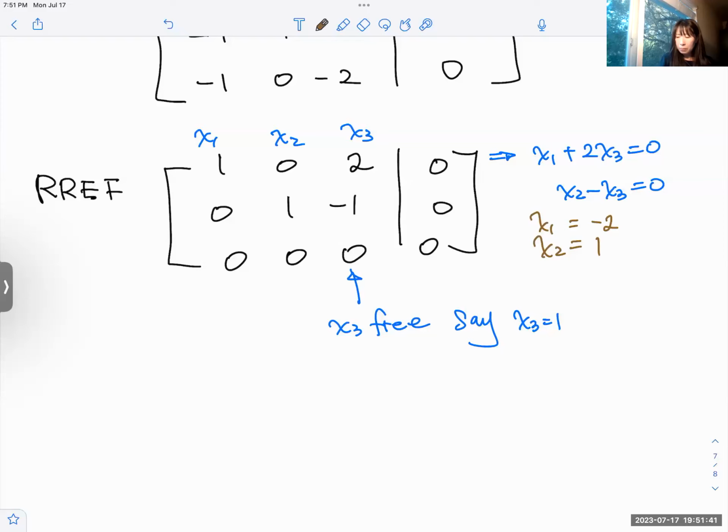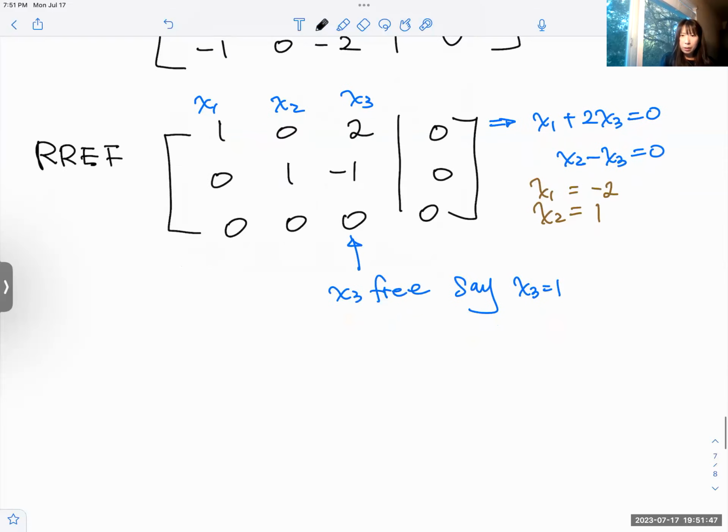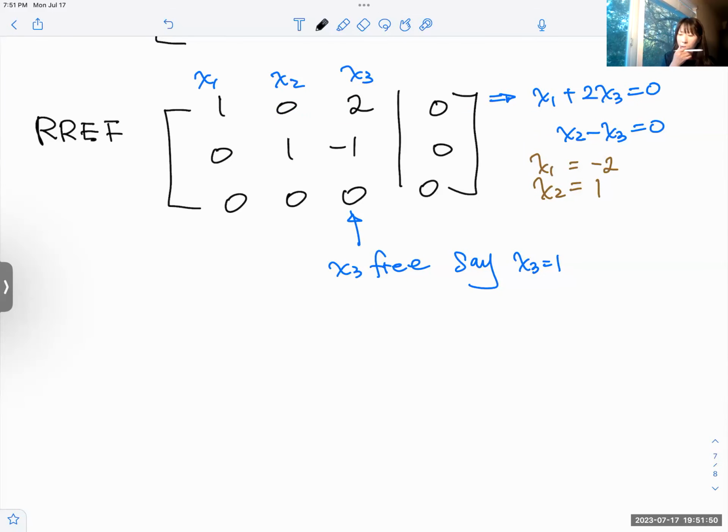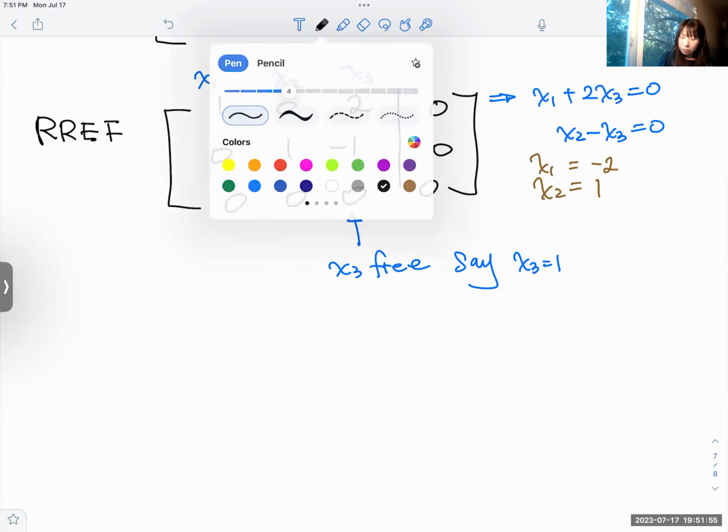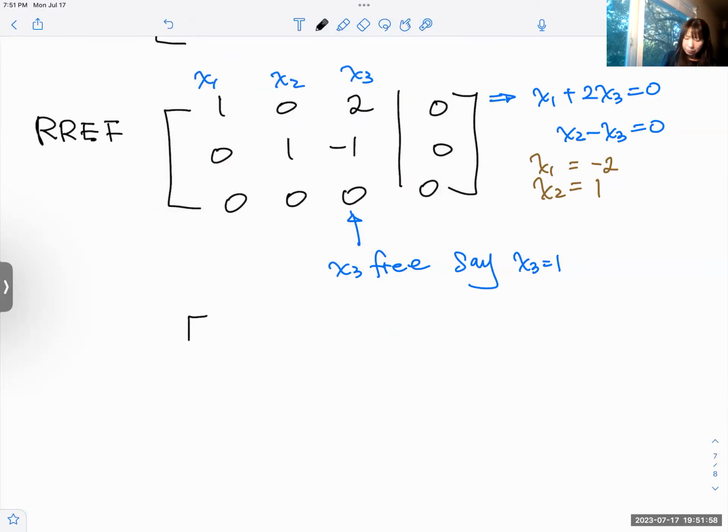All right, so we get x of 1 negative 2, x of 2 positive 1, x of 3 is 1, right? Okay, negative 2 1 1. Good.